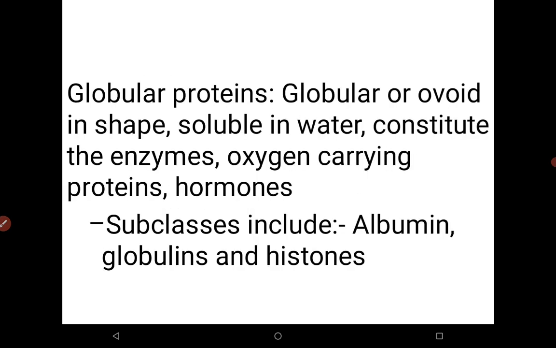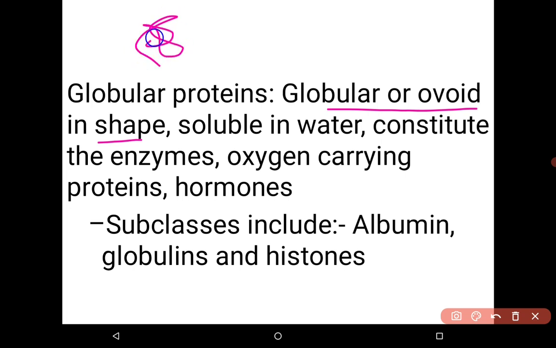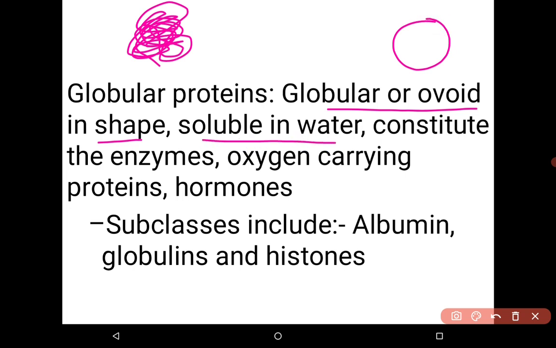So you also have globular proteins. Globular simply means these are ovoid in shape, not like the fibrous ones, which are cross-linked and coiled. Globular proteins are ovoid in shape, and they are also soluble in water.